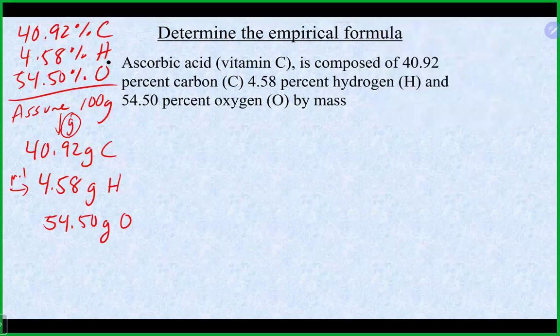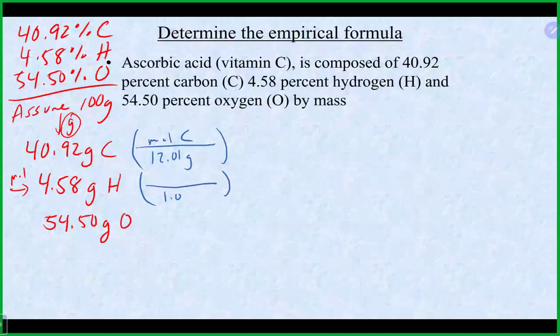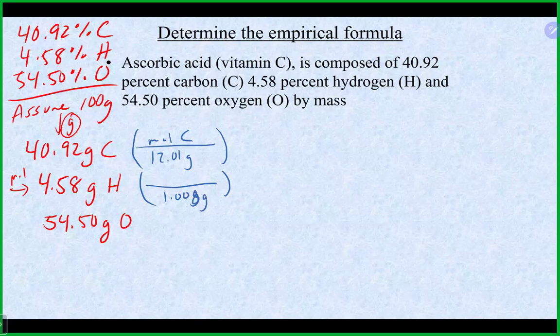Using the molar mass from the periodic table, for carbon it is 12.01 grams per mole. For hydrogen, it is 1.008 grams per mole. And for oxygen, it is 16. Again, dimensional analysis, opposites cancel. That's going to give us the moles of each of these things.